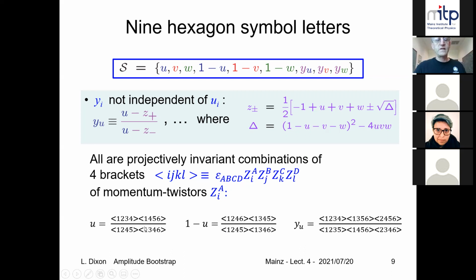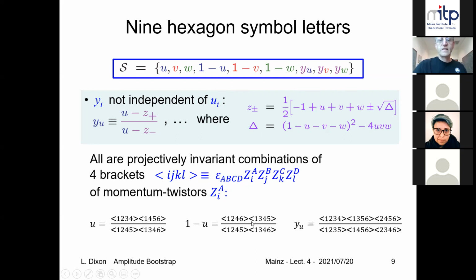Whereas these guys, when you cycle through, come back to each other after only 3. So there's a natural reason for these letters to appear in terms of the connection to momentum twistors. That story, and another story about cluster algebras which I'm not going to go into, has been a very rich way of trying to understand the right variables for 7 point, 8 point, 9 point, and so on.